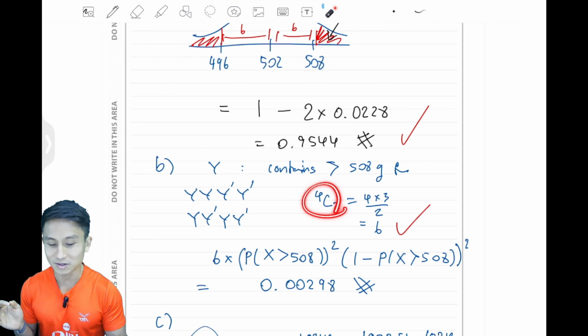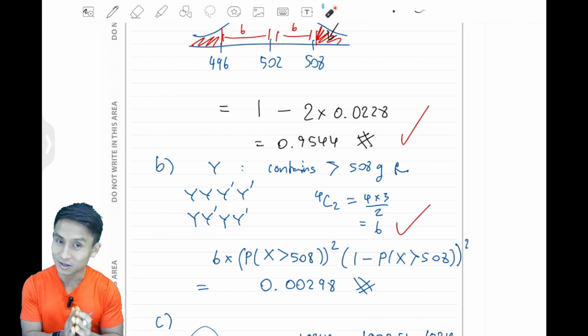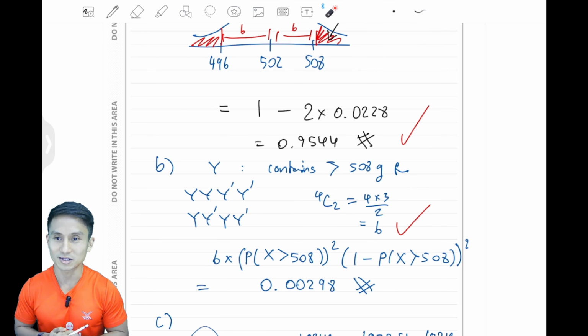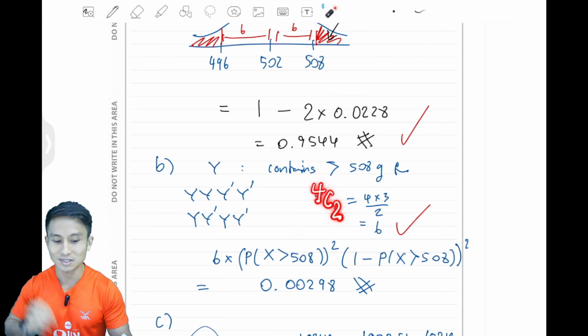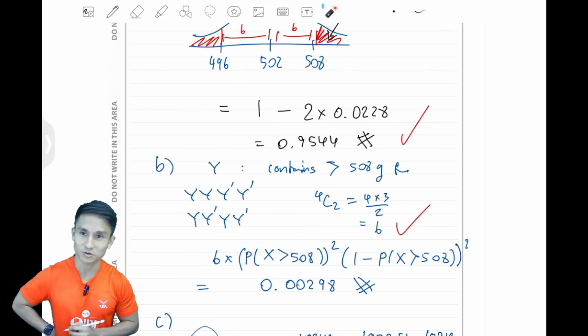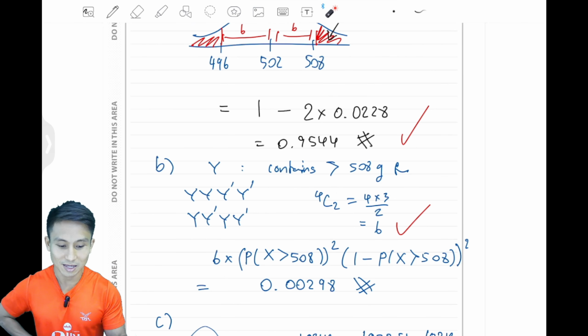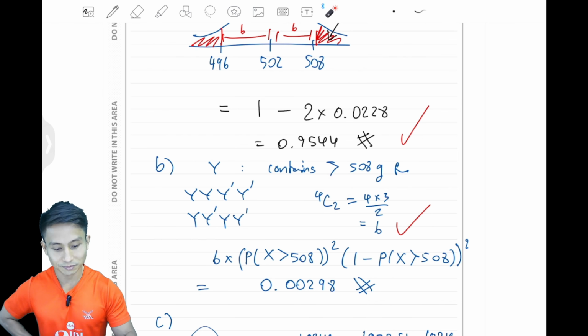You need to know how to get the number of cases quickly. It's just the binomial coefficient. If you have 4 of them and you want just 2 of them being one case, it's just C4, C2 there. So there will be 6 cases here. 2 of them being y prime and the other 2, of course, being y. Then you would have this.